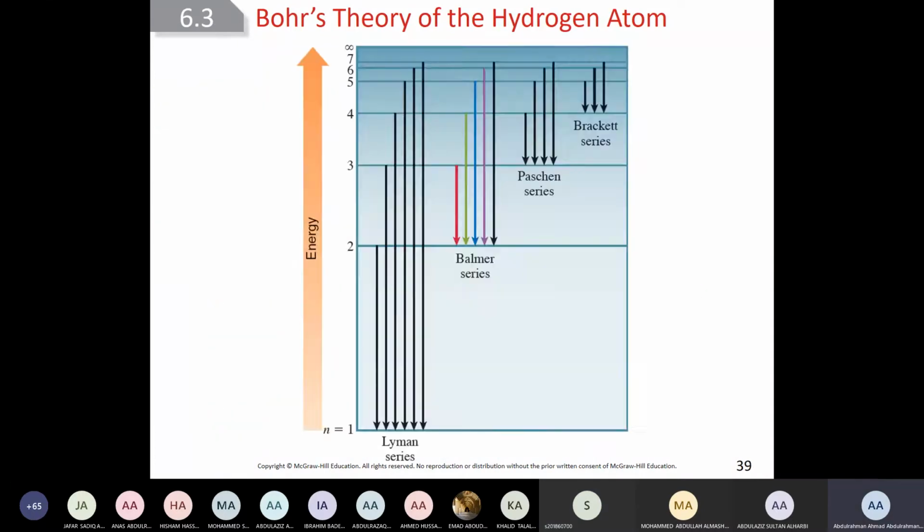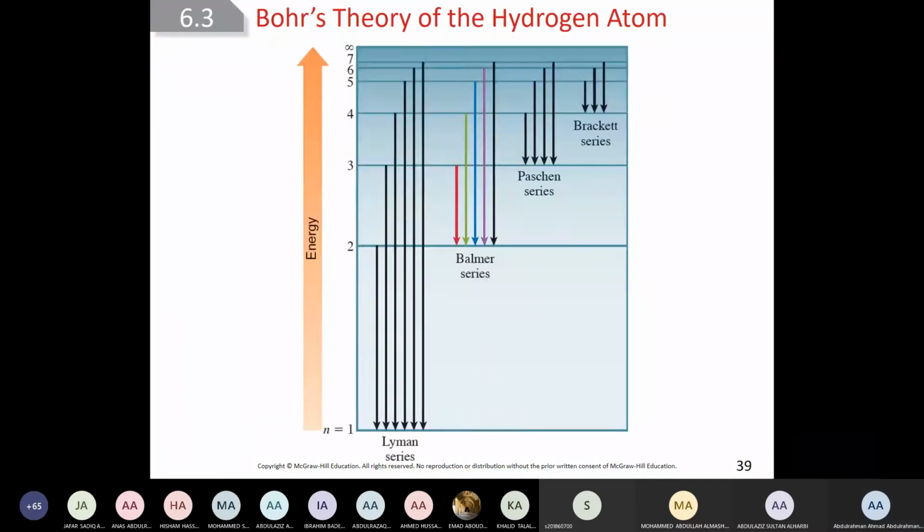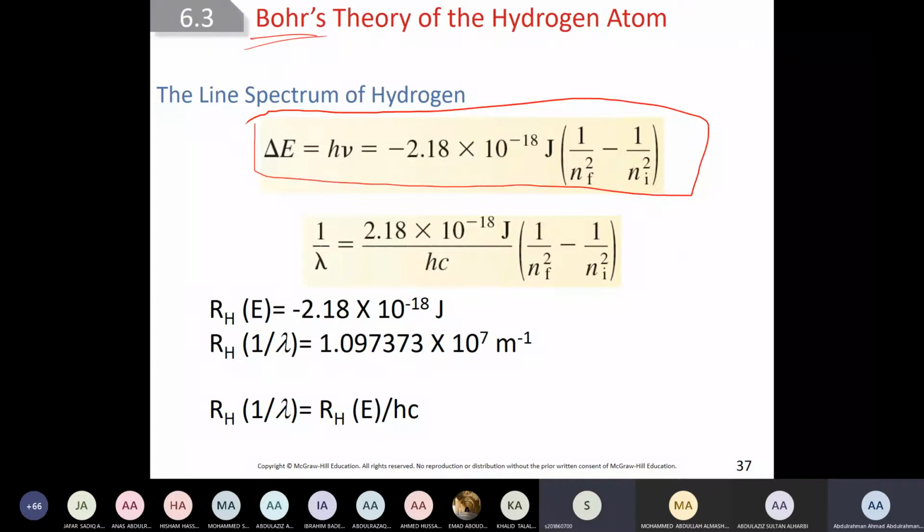Okay, next, we have this equation, a very important equation. What's the name of this equation? It is related to the line spectrum of hydrogen, but what's the name of the equation?